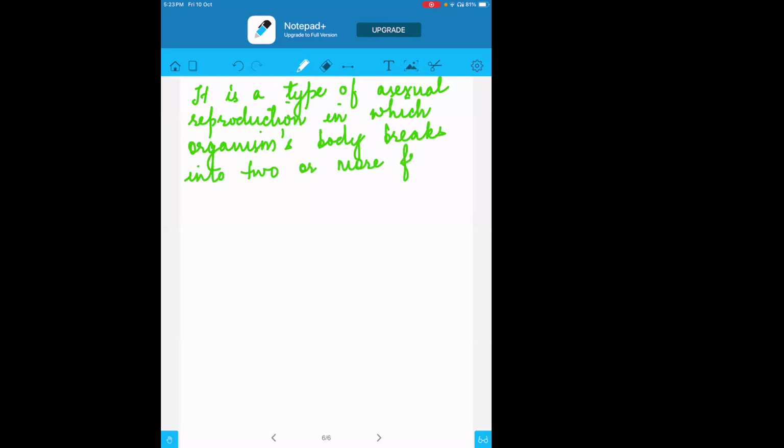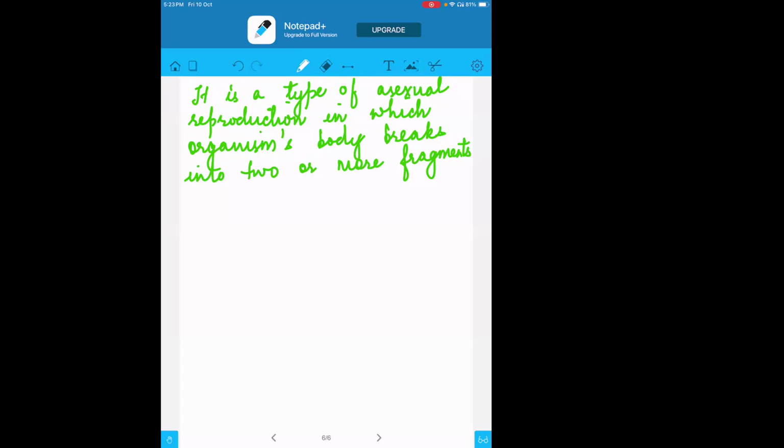In the case of yeast, what was happening? They were forming only one bud, one outgrowth. But here, they can break their own body either into two pieces, three, four, or many pieces.